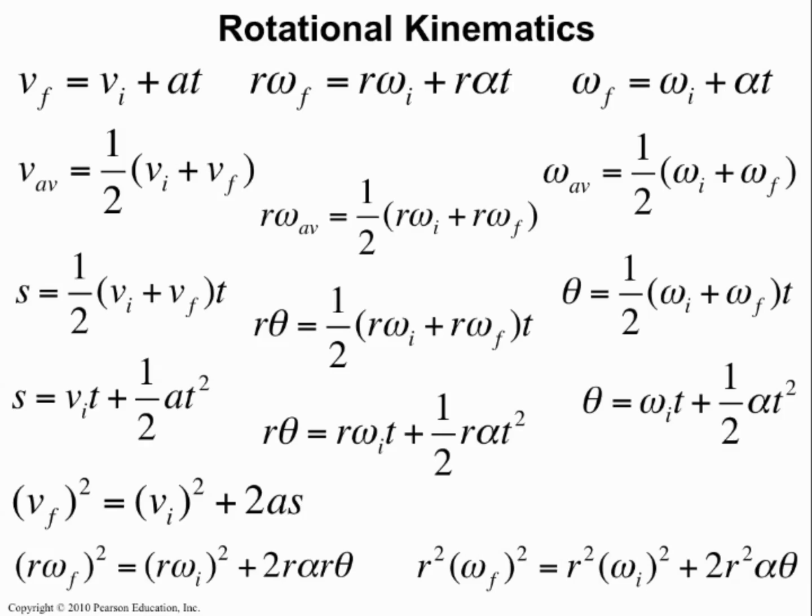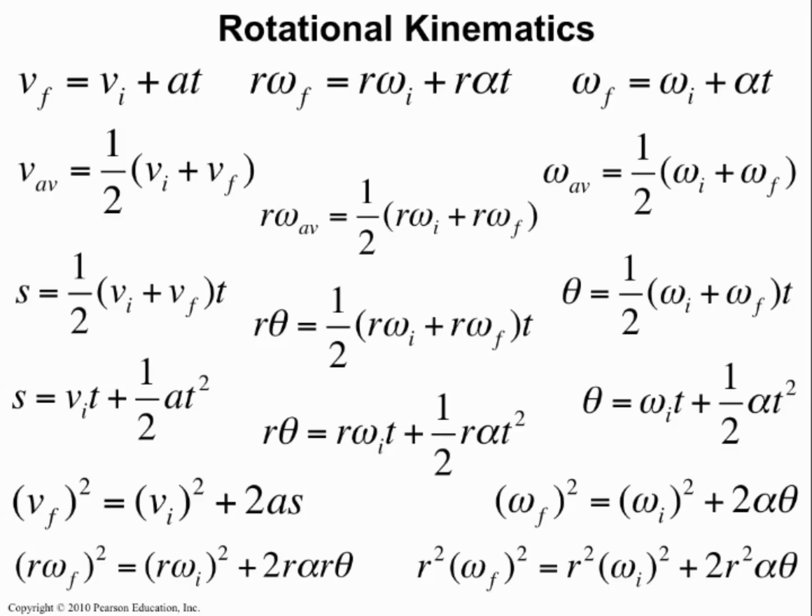And that simplifies to omega f squared equals omega i squared plus 2 alpha theta. And you can see how similar that is to its linear counterpart. All right, so as always with proofs, we only see them once, and then they're in your notes. You can refer to them on your own, but we won't be doing them again.